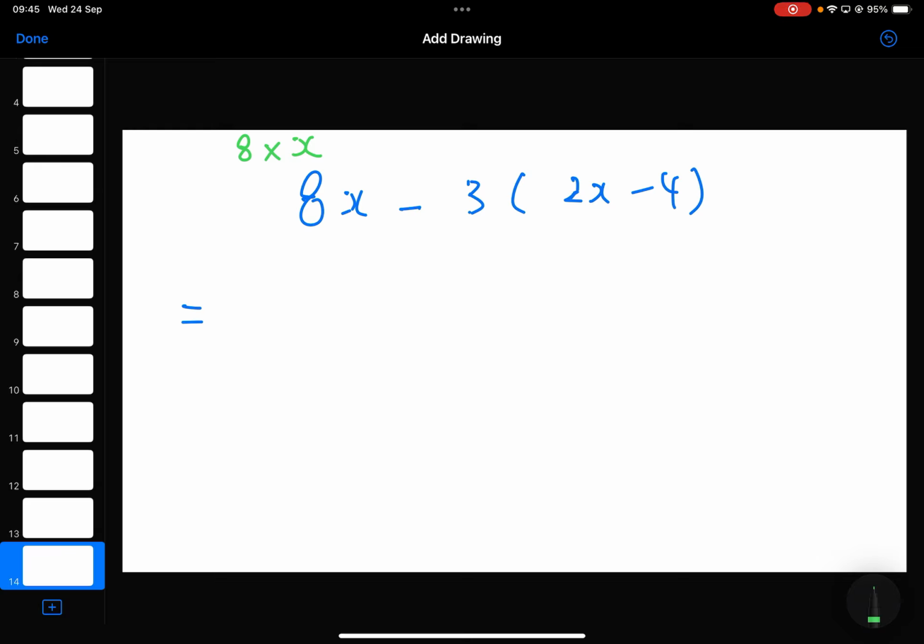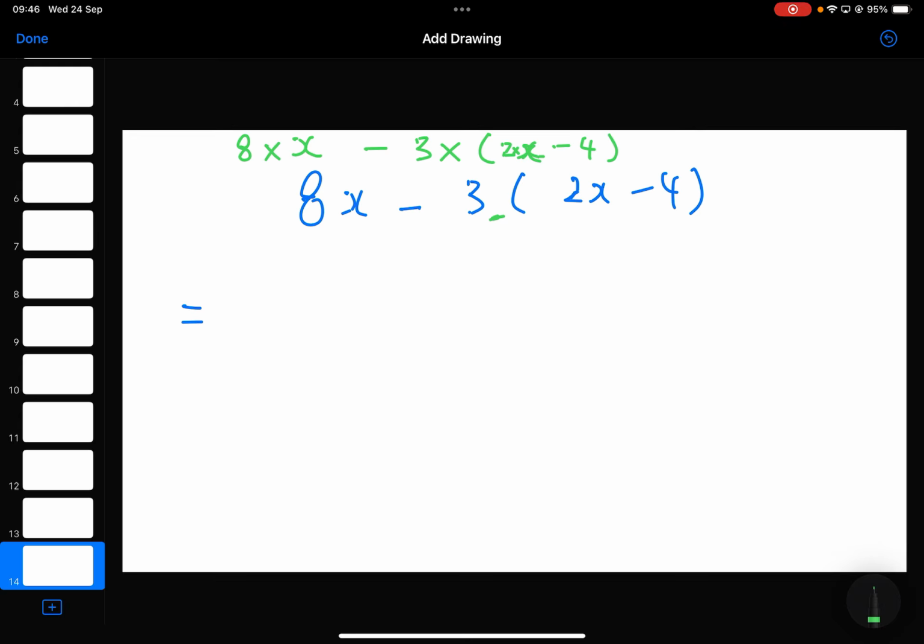There are 8 times of x, then minus 3 times of a bracket, and inside the bracket got 2x minus 4. 2x means 2 times of x. So 8x minus 3, this bracket is actually a multiplication. Every time you have something in between with no signs, it is a multiplication.